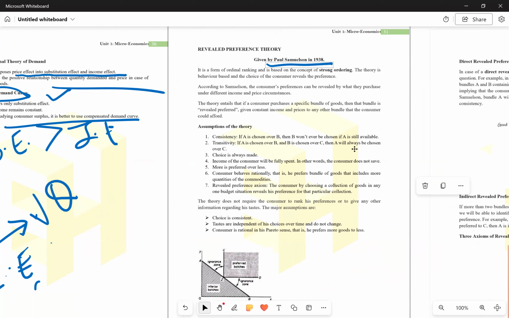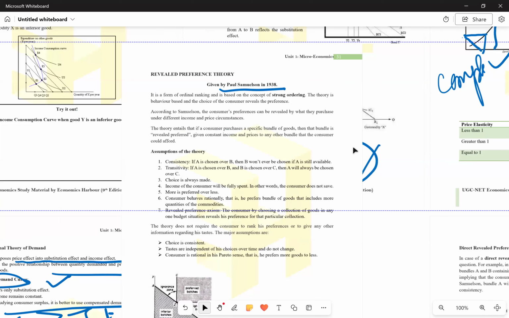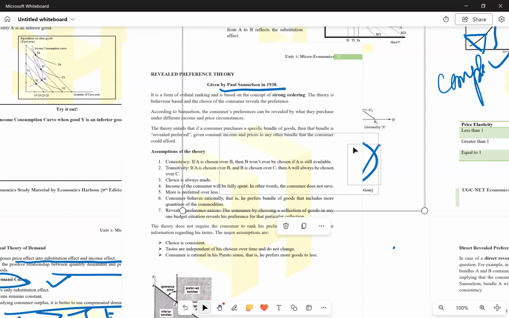As the name suggests, this theory basically talks about the consumer revealing his preference. Samuelson says that if a consumer prefers a commodity, he will always prefer that commodity.